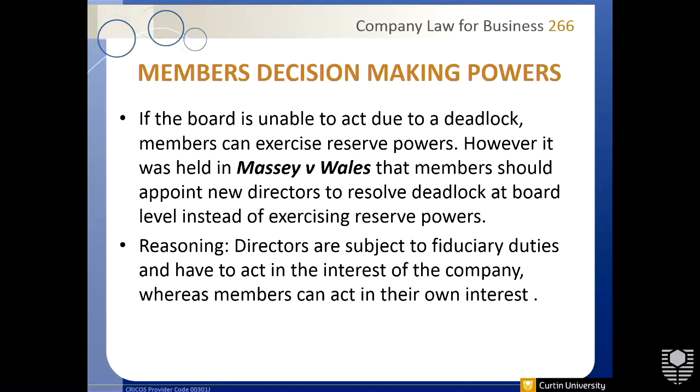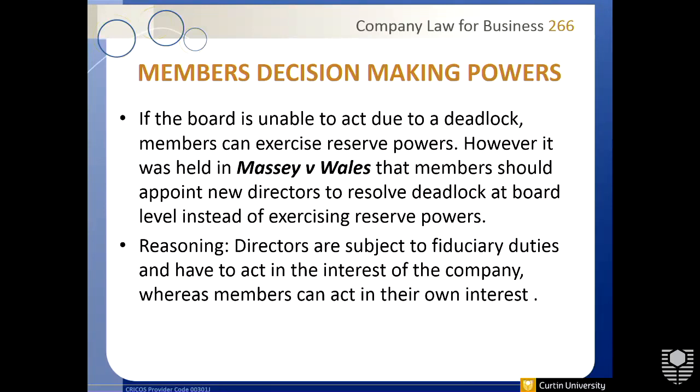If the board is unable to act due to a deadlock, most of the time a board of directors will have an uneven number. We don't have an even number, because if you have an even number, you'll have deadlock, where 4 agree, 4 disagree. It will be difficult. But for some reason, even if you had an uneven number, some director doesn't turn up, and then you have a deadlock.